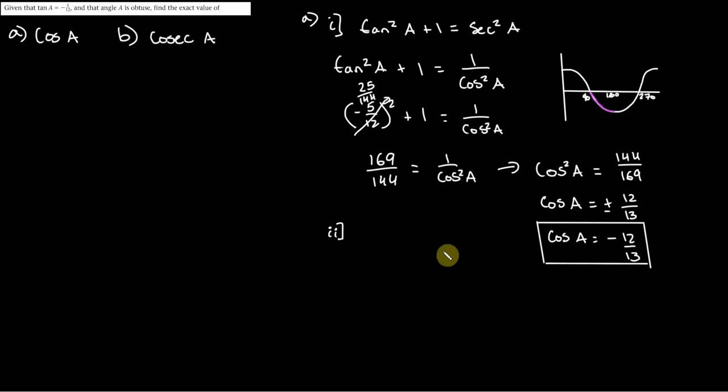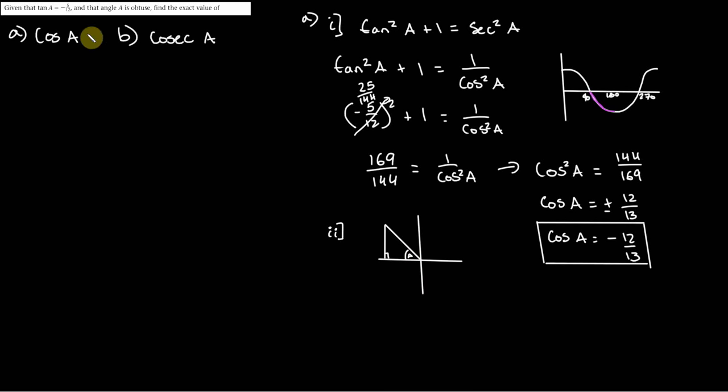What is tan? Tan is opposite over adjacent. So you could say, okay, let's draw a right triangle here, something like this. That's a 90-degree angle, of course. And we'll just call this angle theta or angle A.